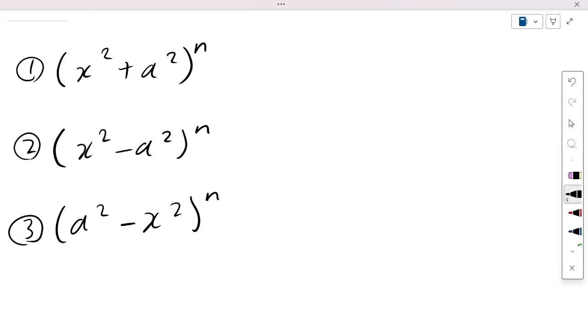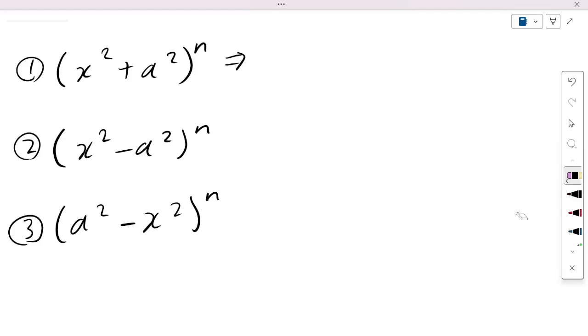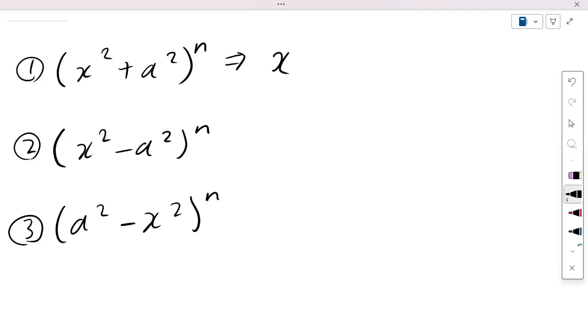Okay, so for the first one, what are we looking for? If we have some type of integral where the denominator consists of two terms such as this, with two perfect squares, either adding or subtracting each other, we are going to resort to this trigonometric substitution method. For the first one, we're going to let x, because that's our only variable, where a is actually a constant.